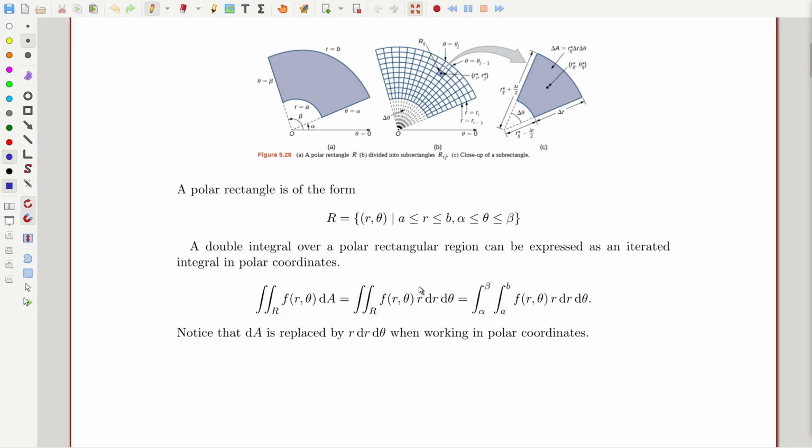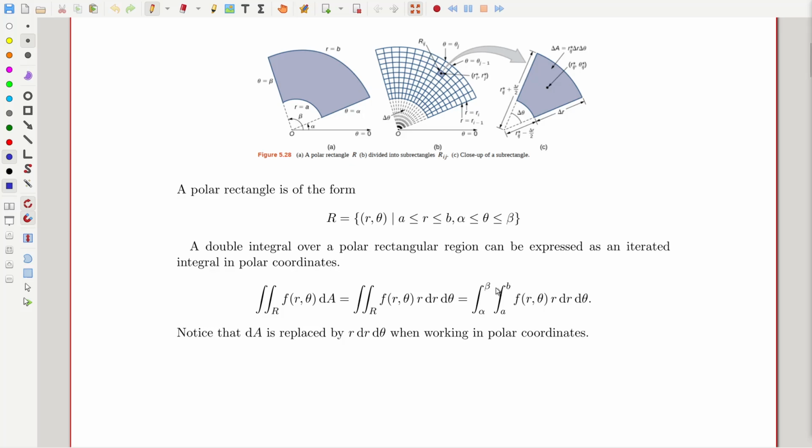Just as in Cartesian, it was very easy when we were integrating over a rectangular domain in the Cartesian coordinate system. The same holds true if we talk about rectangular regions in polar, those are the easiest to integrate over.